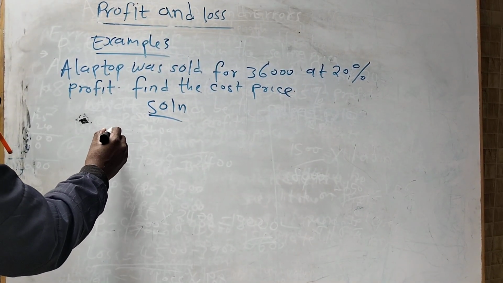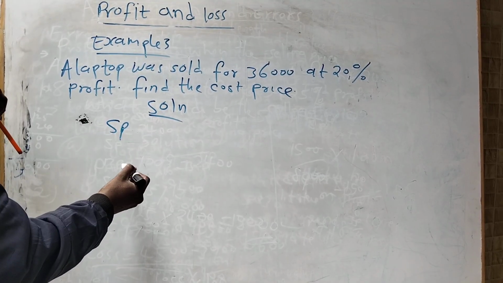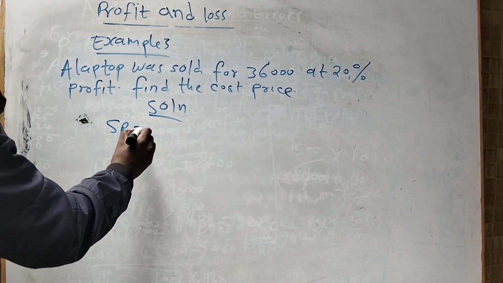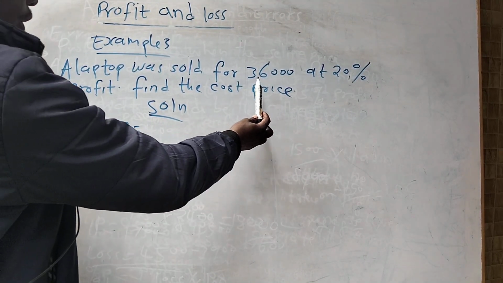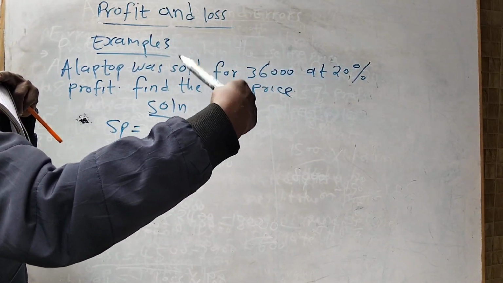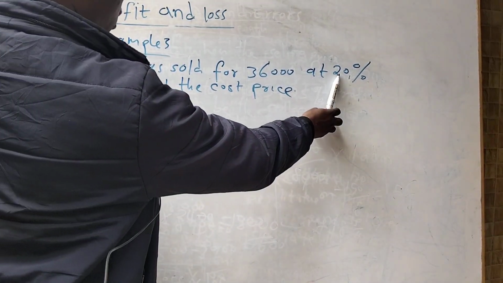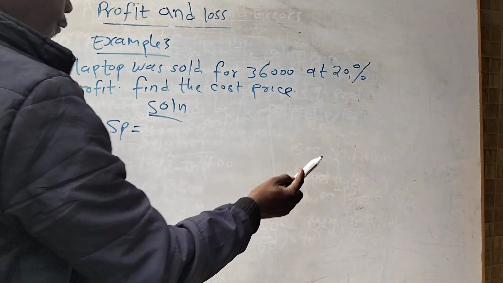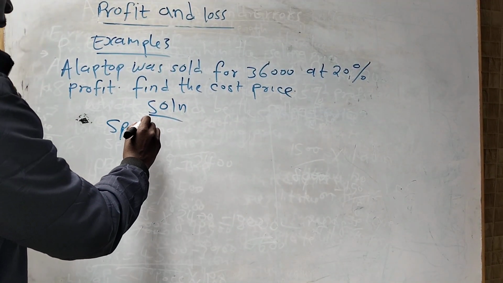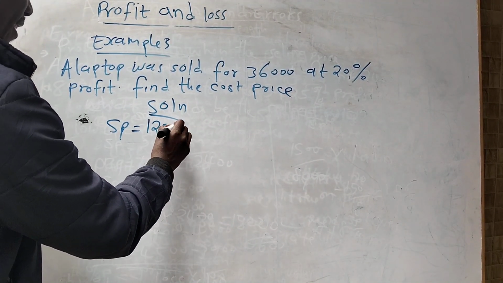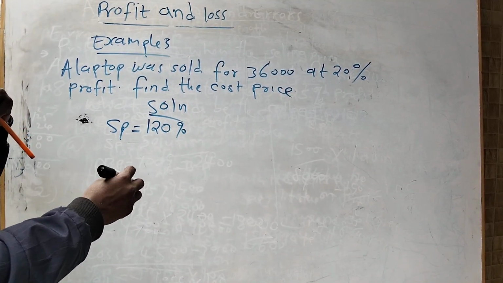We come and say the selling price is equal to, remember the buying price was 100%, but when they sold, they made the profit of 20%. So the selling price will be 120%. I don't know whether you have understood me.